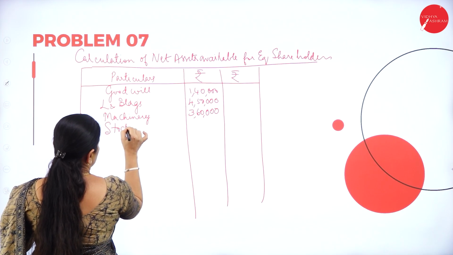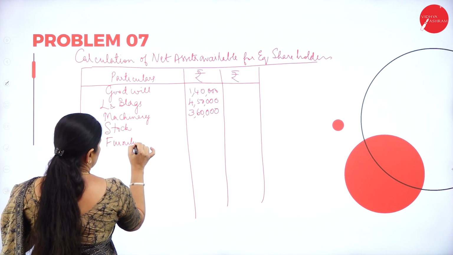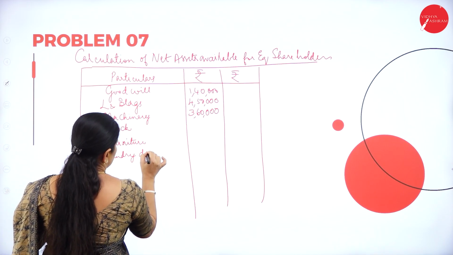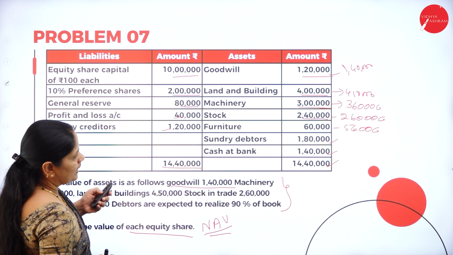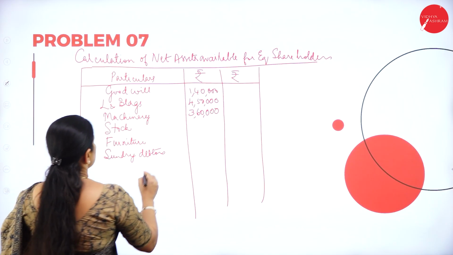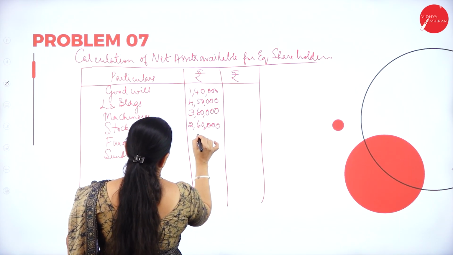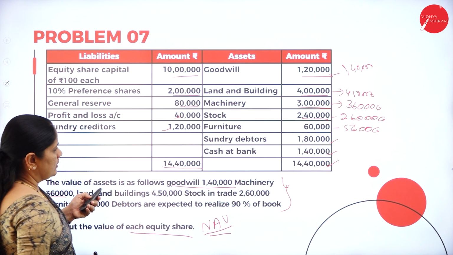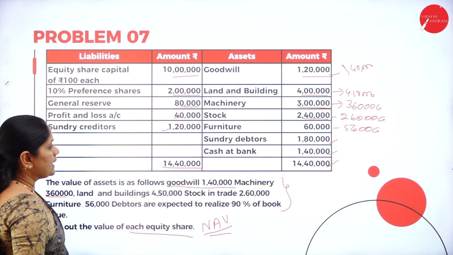Stock value is 2,60,000. Furniture value is 56,000. Next, we have the sundry debtors. So, sundry debtors is 1,80,000.